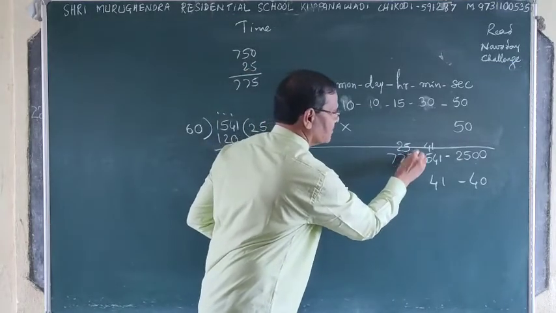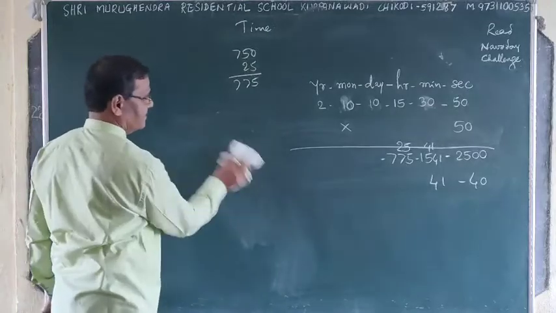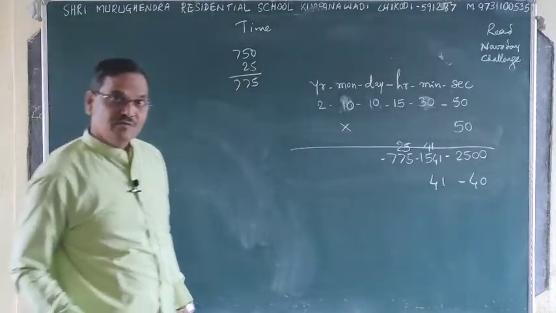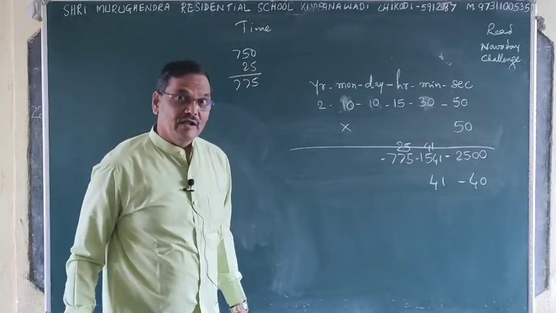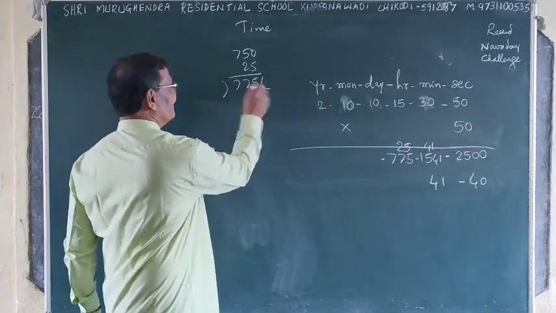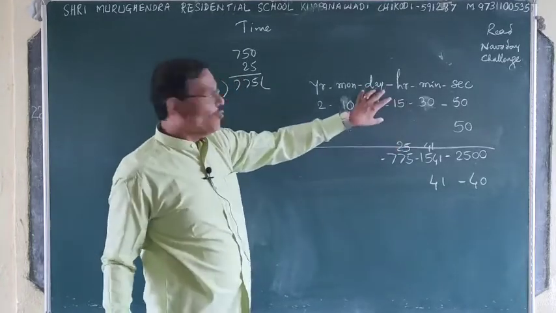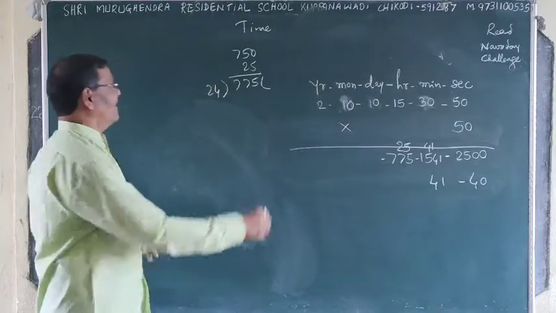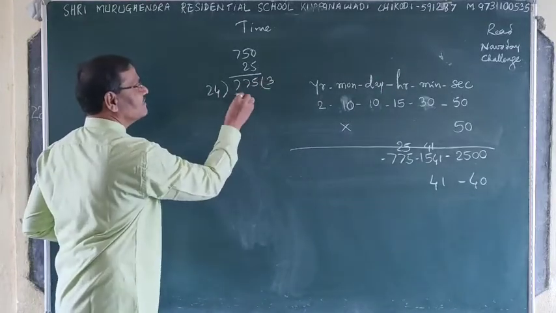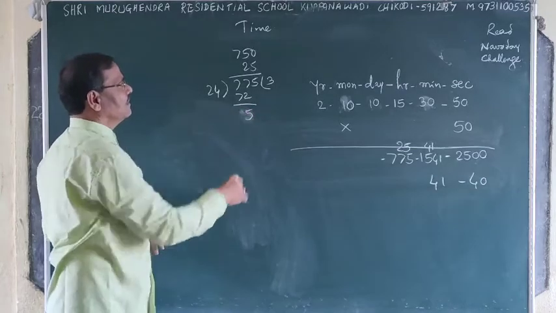What is it? 775. This should be divided by 24, because 24 hours make one day. So 24 3s are 72. 5 remains.